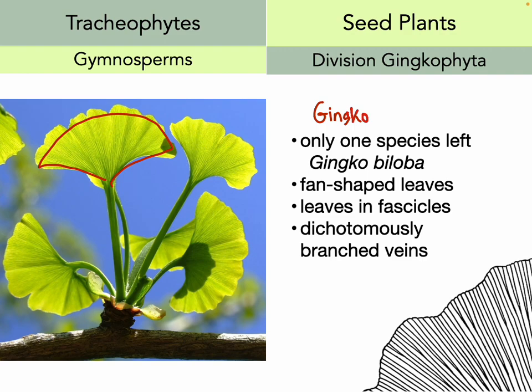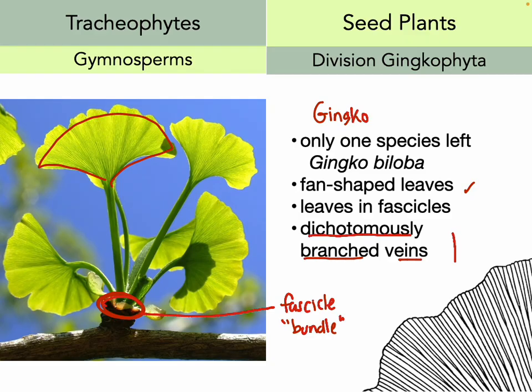They have fan-shaped leaves, and the leaves are in fascicles. This is what they mean by fascicle. You can think of it as a bundle, like you put them together in a cluster. It's called a fascicle. The leaf always looks like this. And the very characteristic part is that they have dichotomously branched veins.